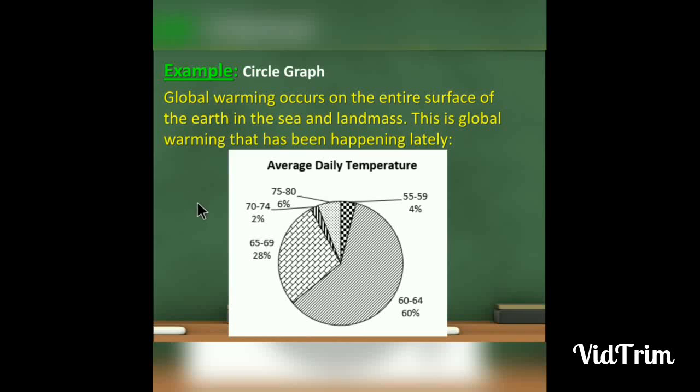And 70 degrees Celsius to 74 degrees Celsius is 2%. And the last, 65 degrees Celsius to 69 degrees Celsius is 28%.